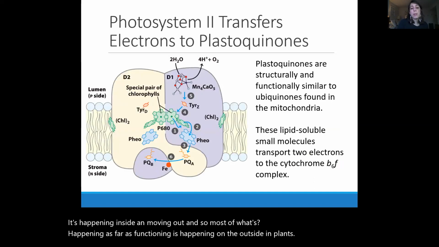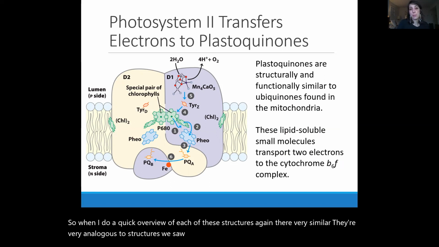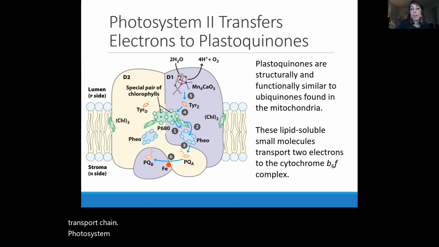So I want to do a quick overview of each of these structures. Again, they're very similar. They're very analogous to structures we saw in the previous chapter when looking at the electron transport chain. Photosystem 2 is the area in which we are starting the chain of electrons.